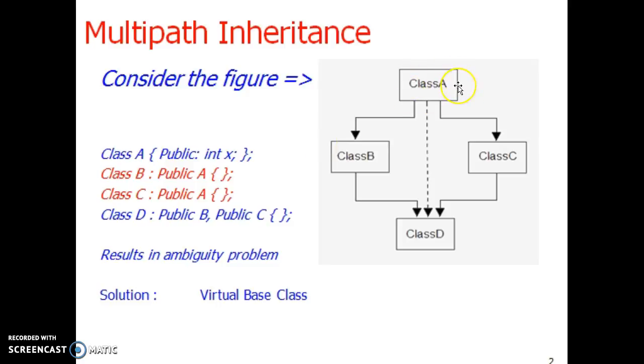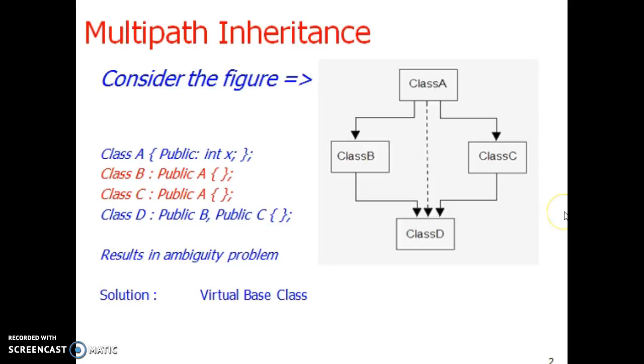You have class A. Initially, it will act as a base class, which is going to provide features to two subclasses, class B as well as class C. And again, in the next level, class B and class C are going to act as base classes which will provide their features to another class called class D.